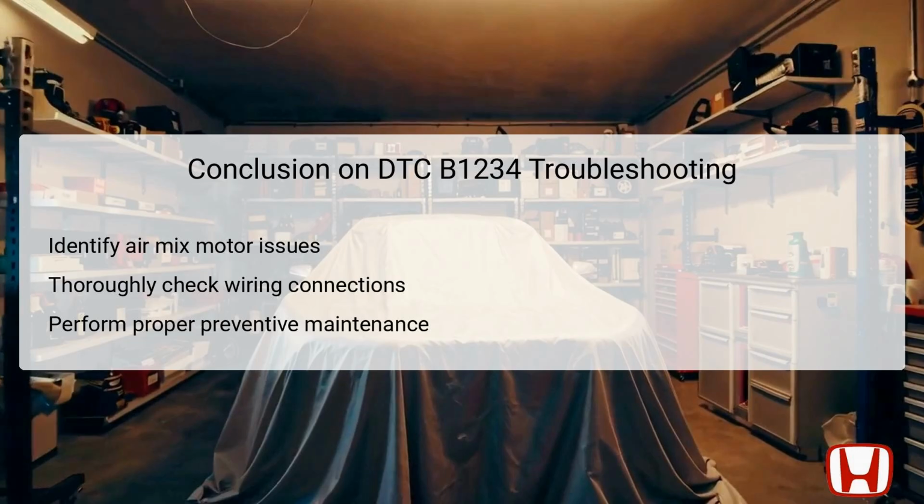Proper continuity and voltage measurements are essential in pinpointing faults, ensuring that either repairs to the wiring or replacement of components are performed as needed. Effective preventive maintenance practices can further help mitigate the potential for future issues, fostering reliability and comfort in the Honda Accord's climate control system. Ultimately, understanding and addressing DTC B1234 comprehensively enhances the vehicle's operational excellence.